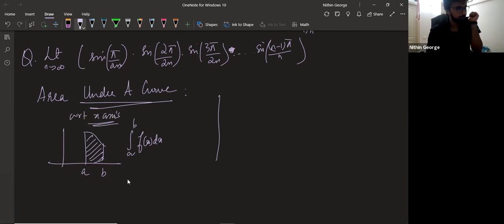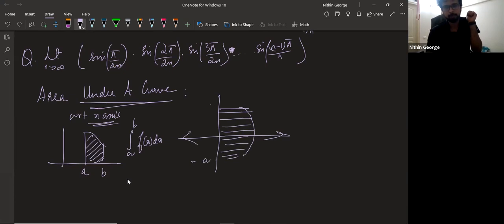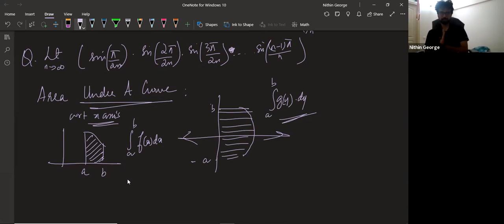Now, if there's a function in terms of y, and you want to find this area, then it is found from A to B, the integral of some function in terms of y, dy. These are your tools, basically.